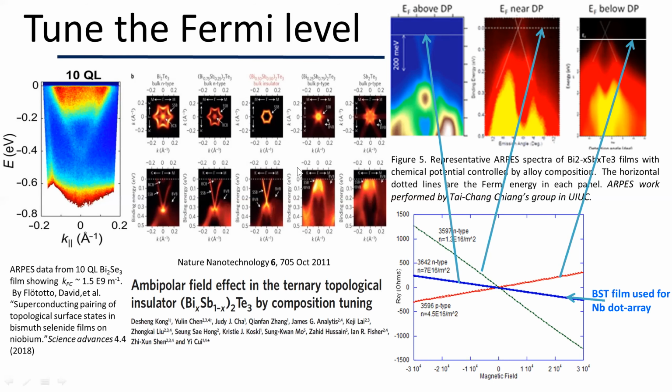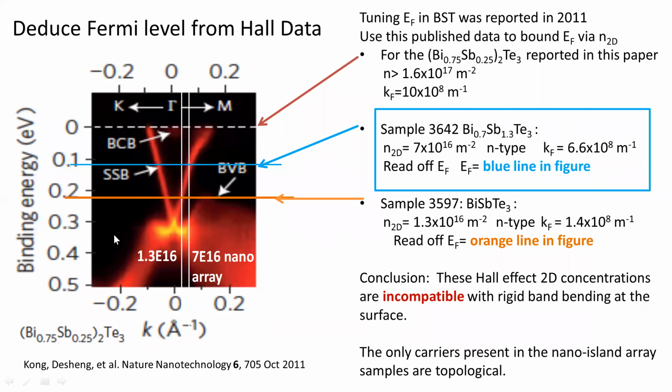In this slide, I will use this ARPES from this paper to show how we deduce the Fermi level from the Hall data. For example, for sample 3642, Bi0.7Sb1.3Te3, it has a 2D carrier density of 7 times 10 to the 16 per square meter and is N-type. From the carrier density, we can calculate the Fermi vector, which is 6.3 times 10 to the 8 per meter.